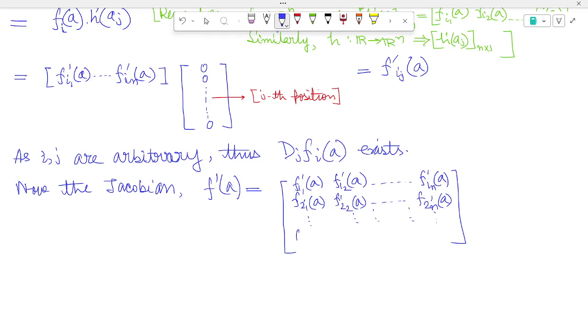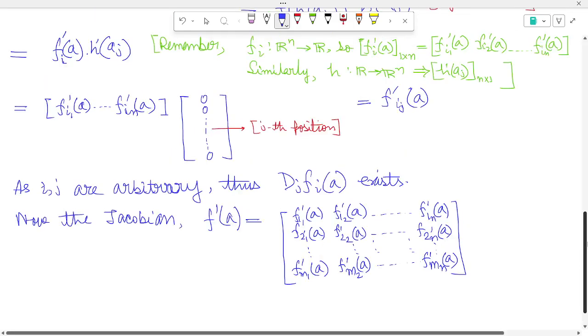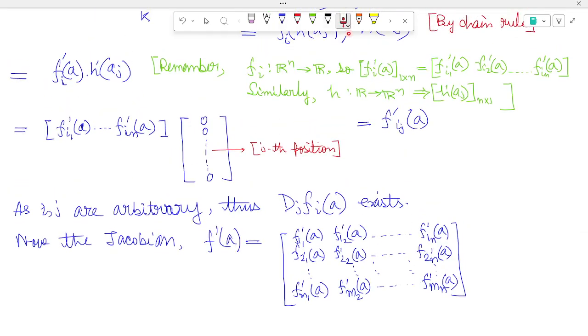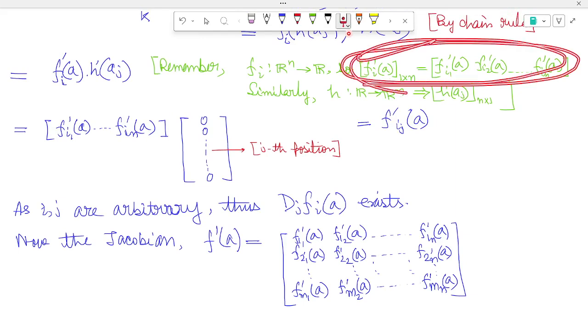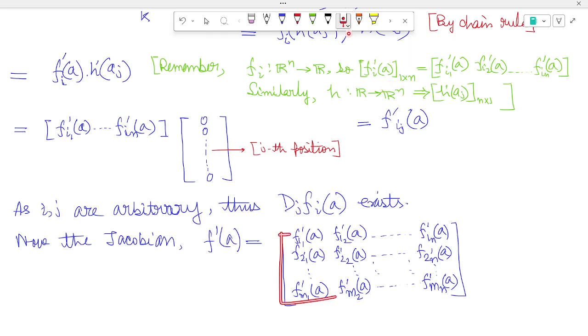Last row, it will be fm1 dash a, fm2 dash a, dot, fmn dash a. This is the Jacobian matrix because we denoted the ith row according to this. So in full form, the Jacobian matrix is this.